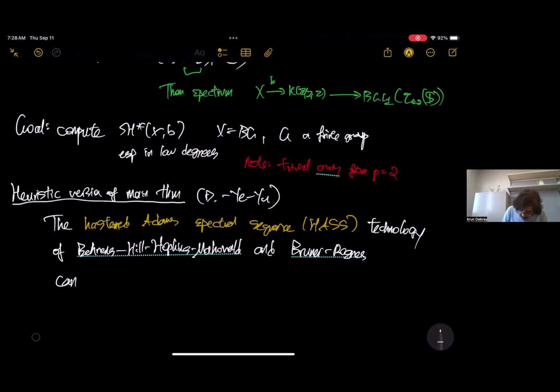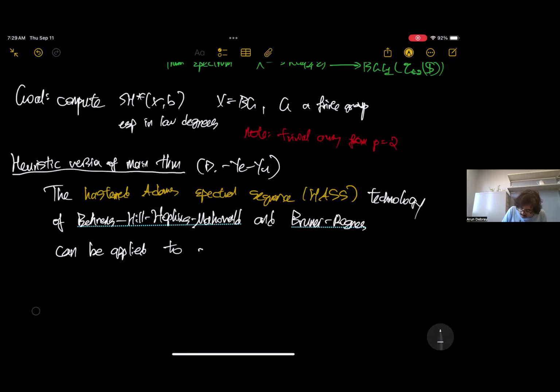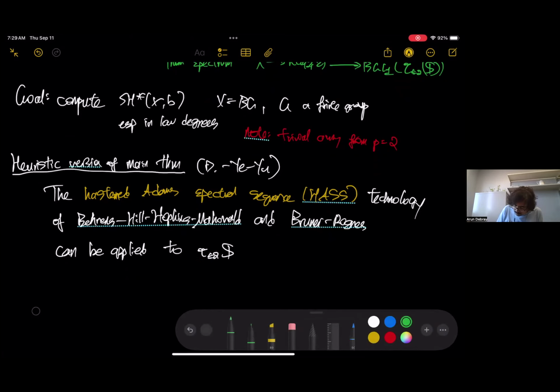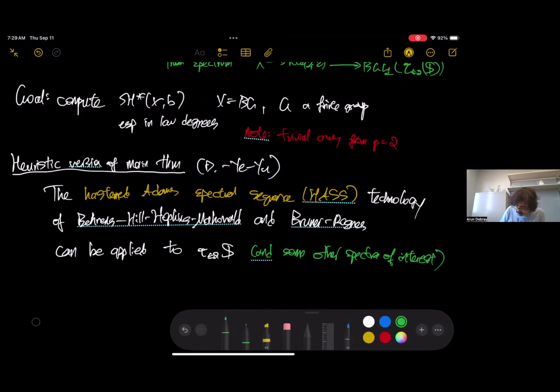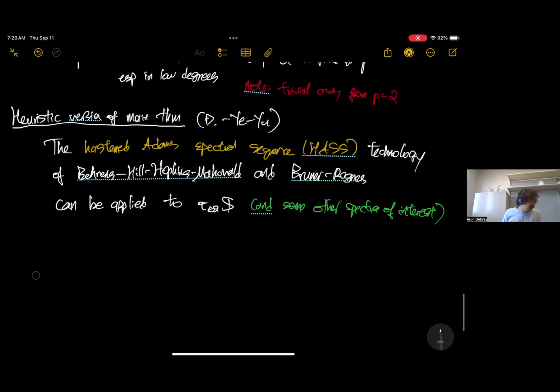So the theorem is this can be applied to this truncation and some other spectra of interest. Which I'll say more about.